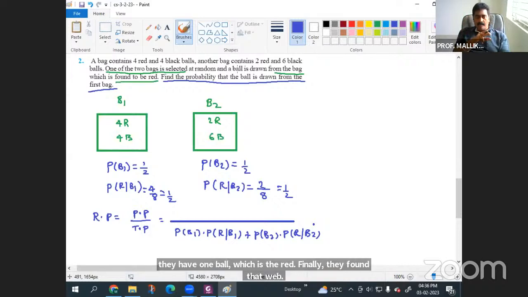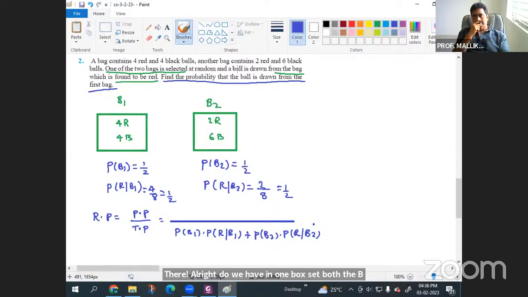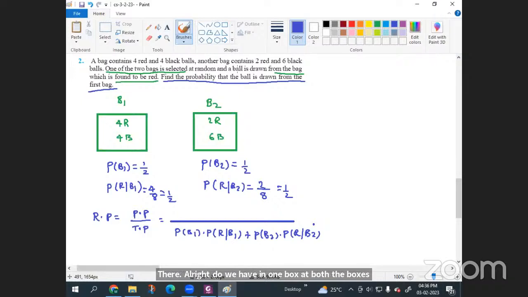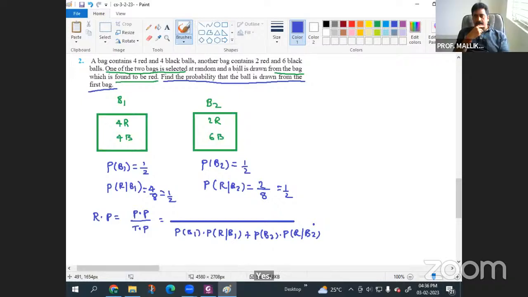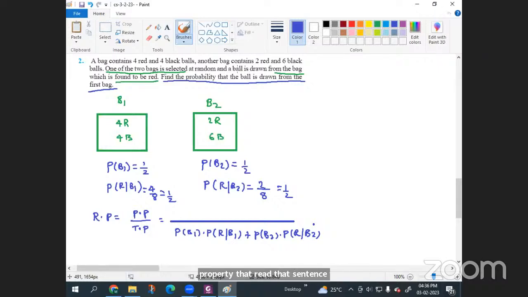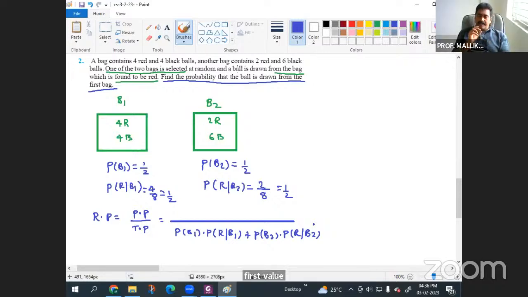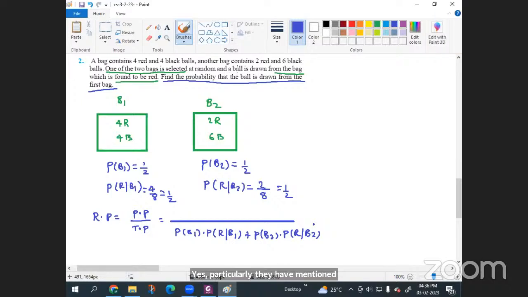Do we have red in one box or both the boxes? So both the boxes. Yes. Now, what is the question they ask? Read that sentence: find the probability that the ball is drawn from the first bag. Particularly they have mentioned or not? Yes, sir.